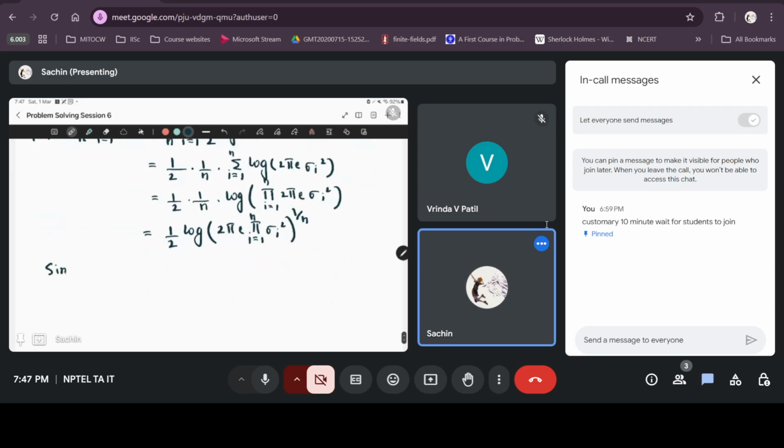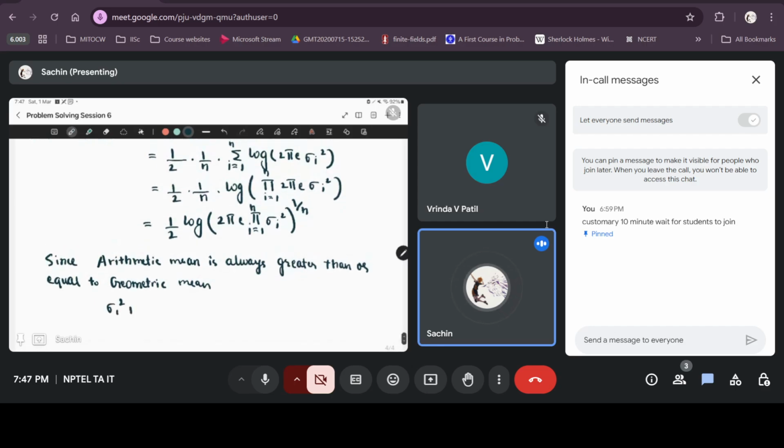Now, since the arithmetic mean is always greater than or equal to the geometric mean, we have the arithmetic mean of the variances squared, sum of sigma i square, i equal to 1 to n, divided by n, is greater than or equal to the geometric mean, the product of sigma i square, i equal to 1 to n, to the power 1 over n. That is the nth root of the products.